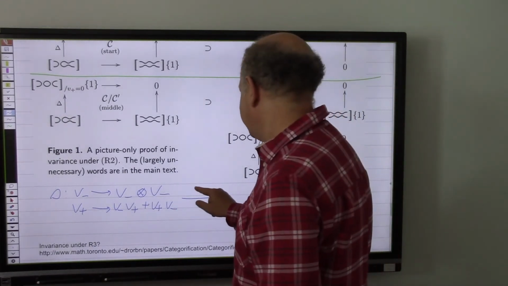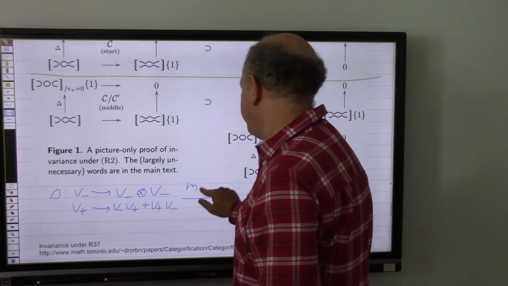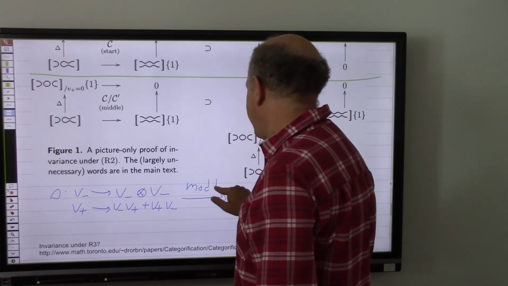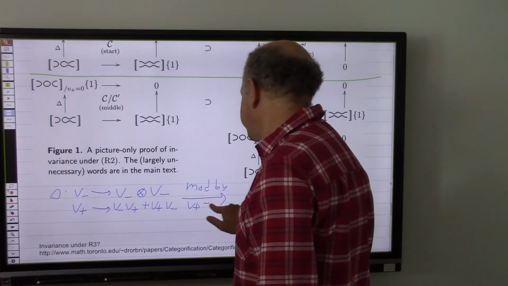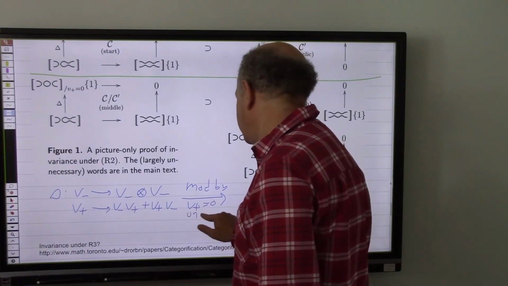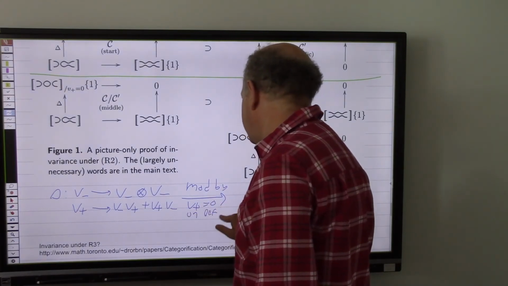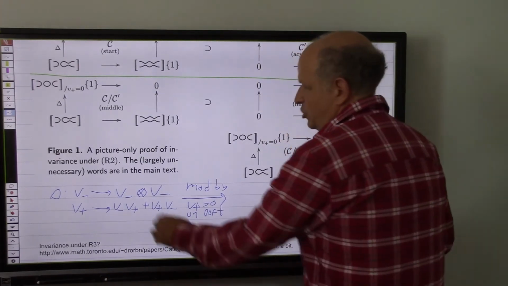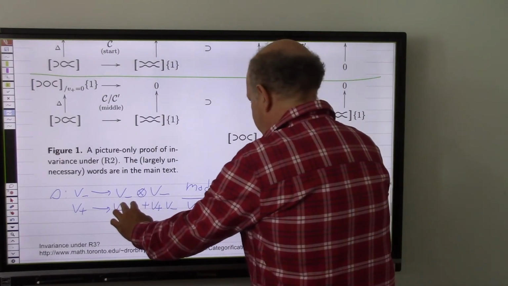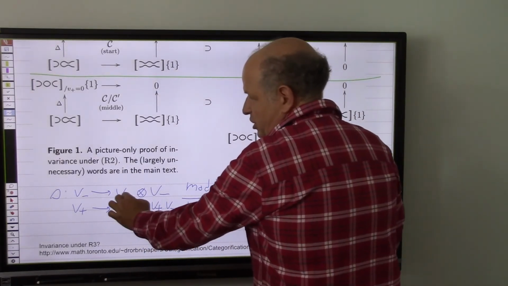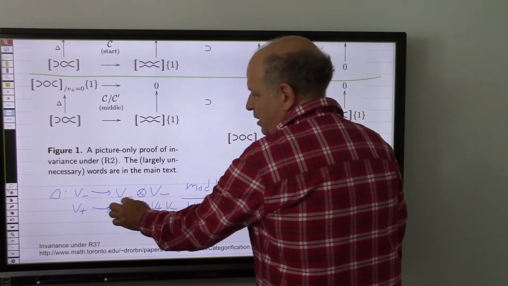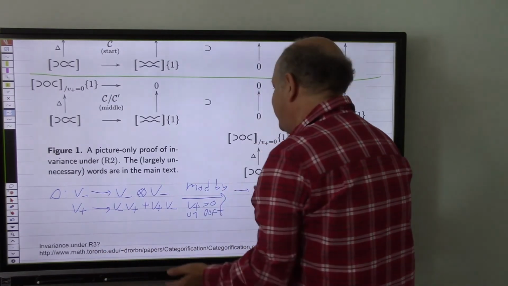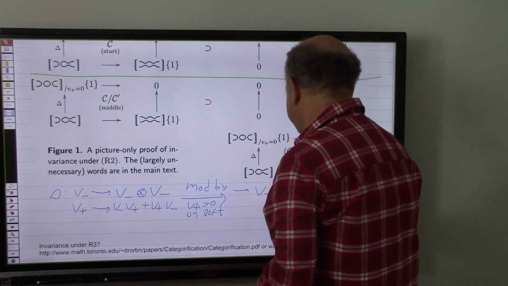So suppose I mod by V plus is equal to 0 on the left tensor factor. This one, nothing changes. The left tensor factor has a v minus on it, it just stays.